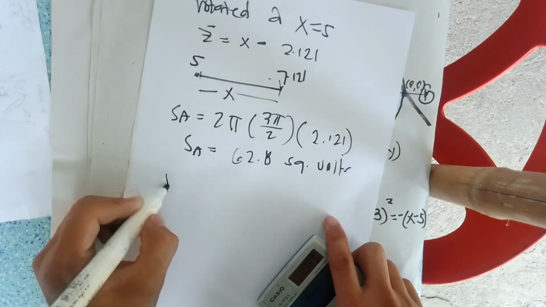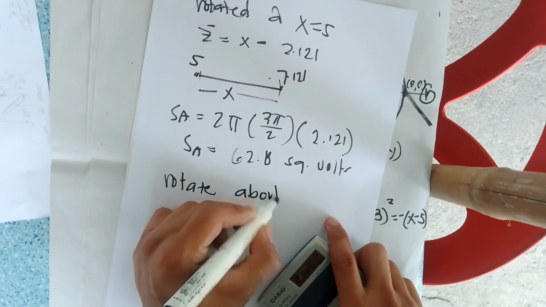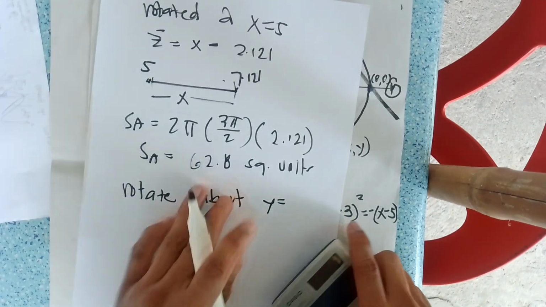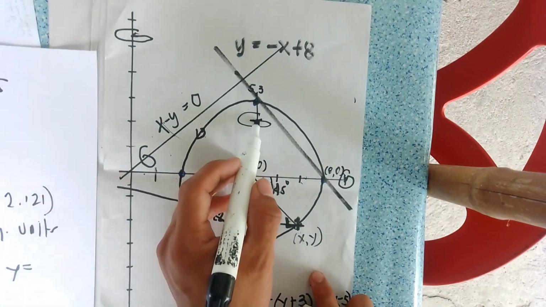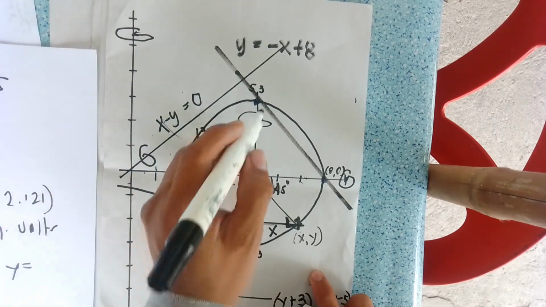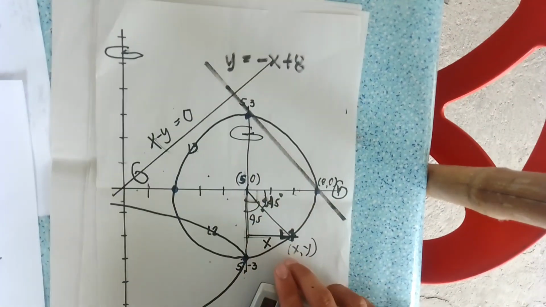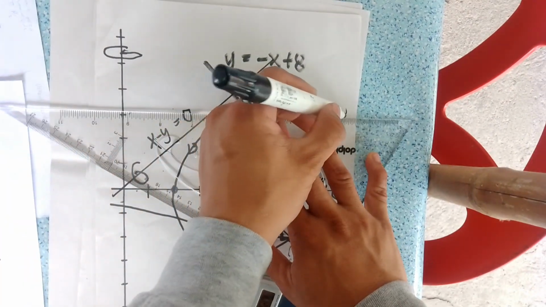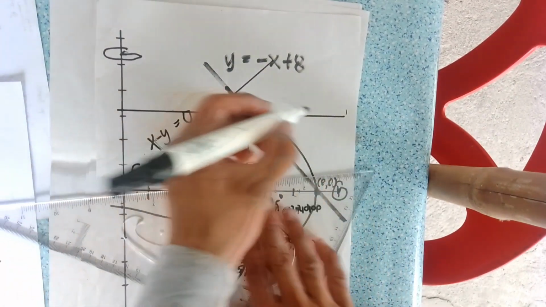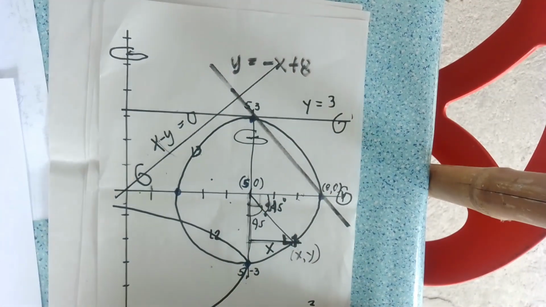And for number 6, try to rotate about y is equal to, let's choose, y is 3. So this is what it looks like. Let's rotate at y is equal to 3.